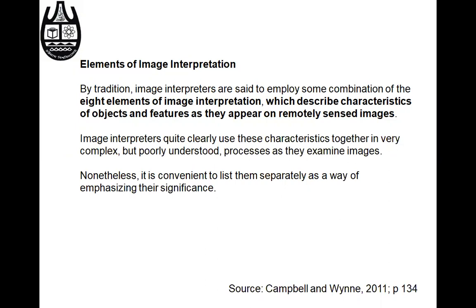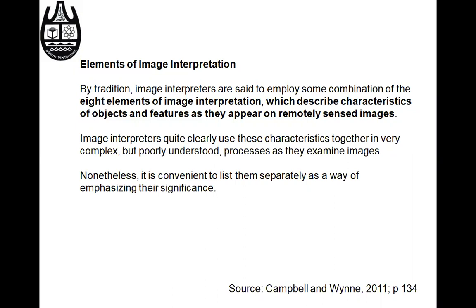Okay, so some of the features or some of the elements are very much important to do this interpretation task.